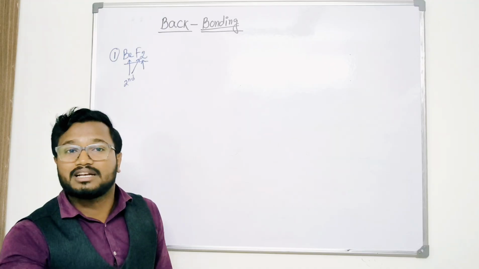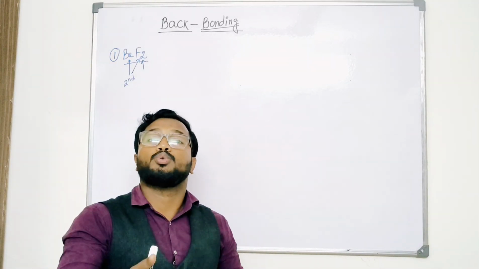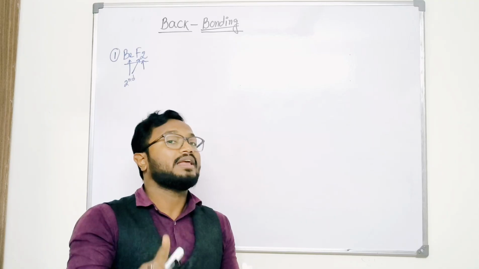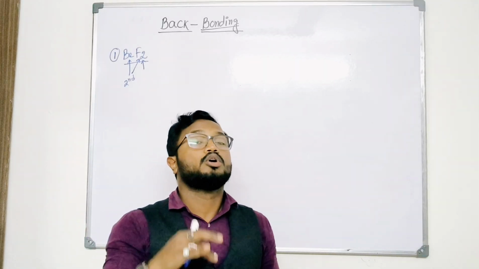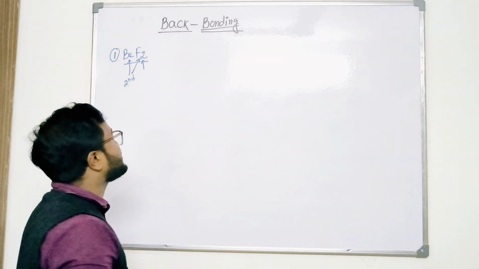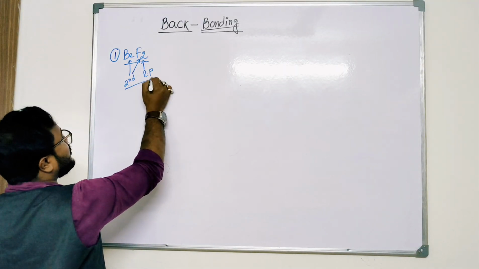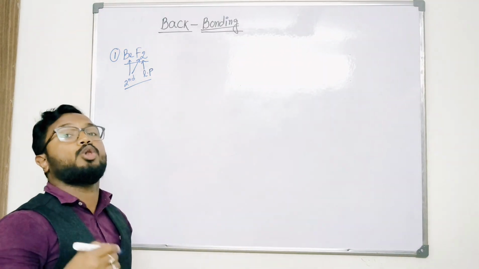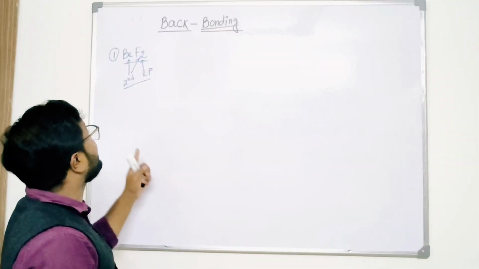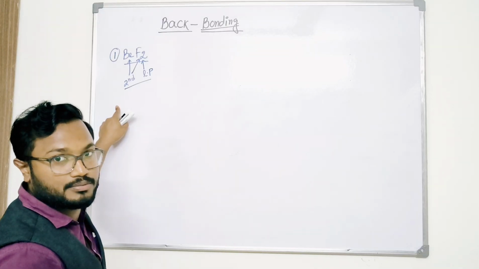How can I know that? BeF2: F2 means two bonds are formed, each bond has two electrons, two bonds have four electrons. So in BeF2, there is a lone pair present, meaning a filled orbital. So in this case, back bonding will be observed.